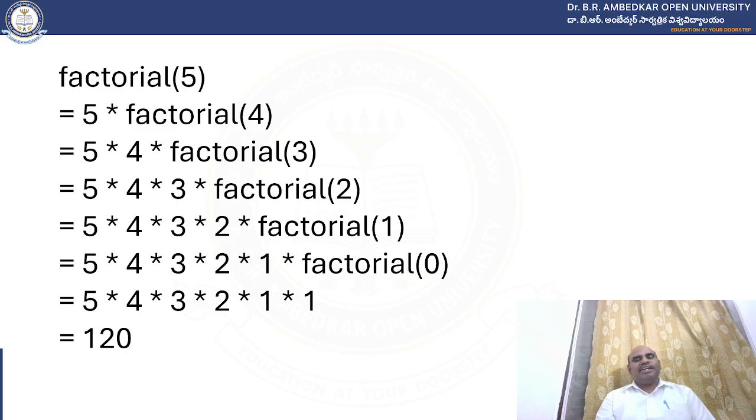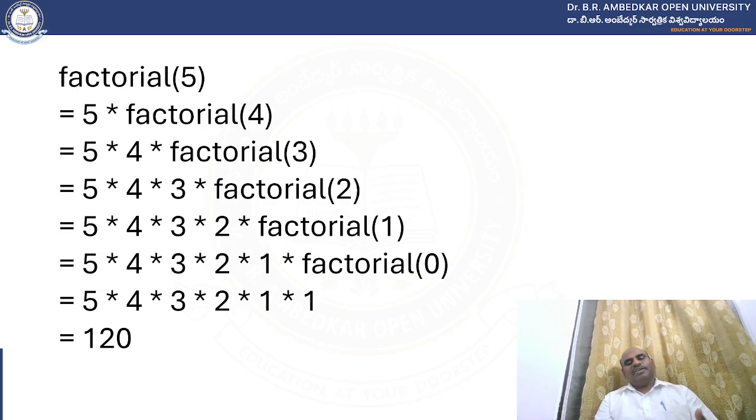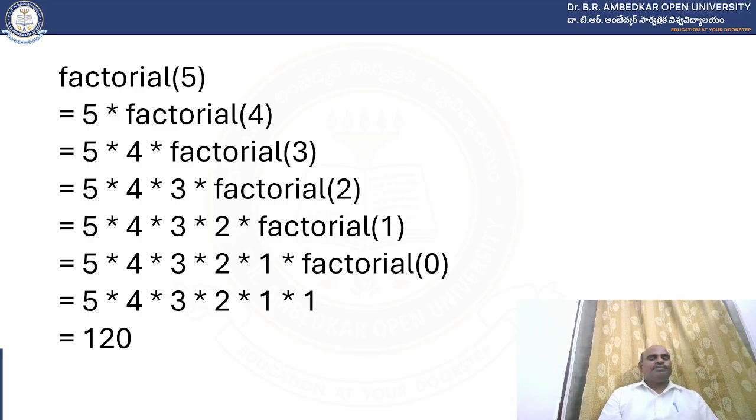See, whatever I explained, again: factorial of 5. First 5 into factorial of 4. Next, 5 into 4 into factorial of 3. Next, 5 into 4 into 3 into factorial of 2. Next, 5 into 4 into 3 into 2 into factorial of 1.